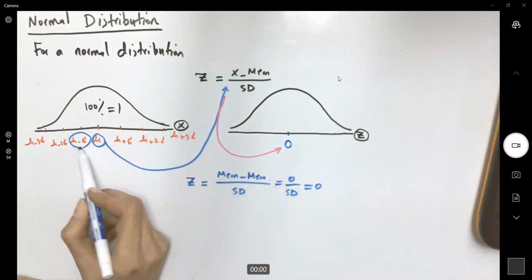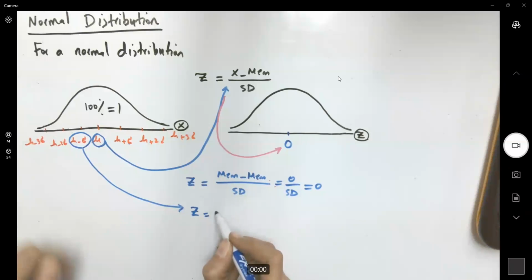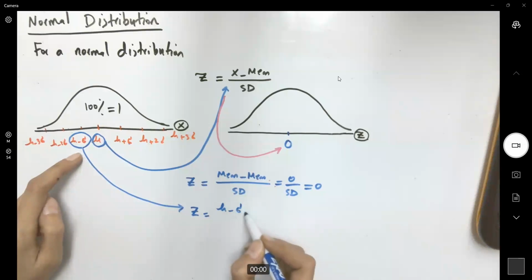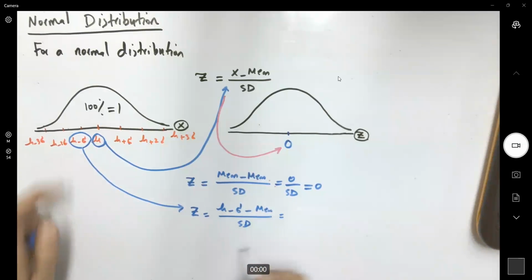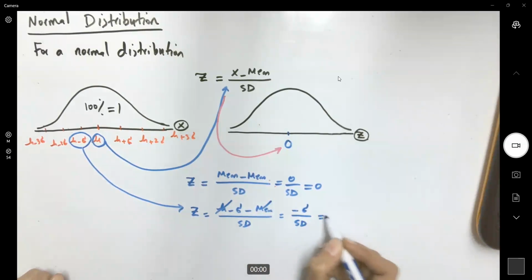For example, I'm going to transform mu minus sigma into Z. So Z becomes mu minus sigma minus the mean divided by standard deviation. Mu minus mu, they cancel out each other. You're left with negative sigma over standard deviation, or negative 1.